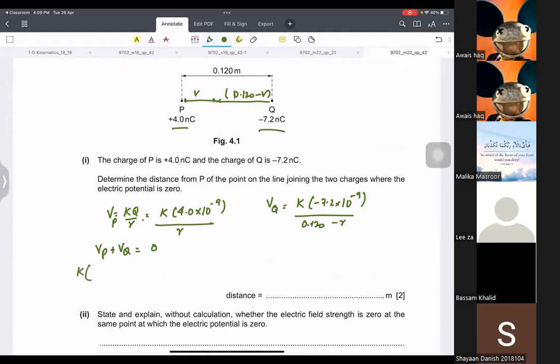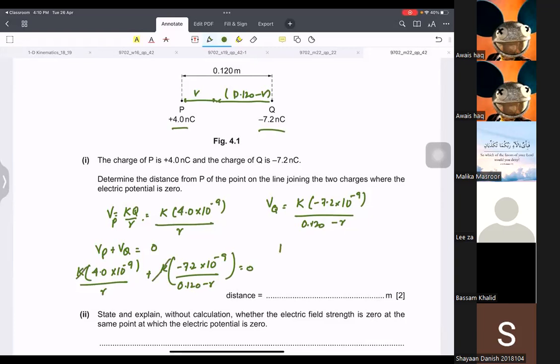Divided by 0.12 minus R equals 0. Then you take it there. So K and K will just cancel out.